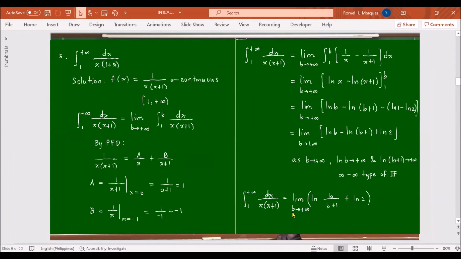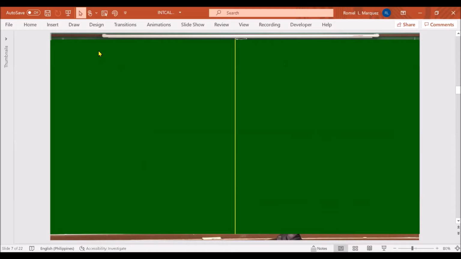Now, for the limit as b approaches positive infinity of ln of b over b plus 1, this is equal to ln of the limit as b approaches positive infinity of b over b plus 1.